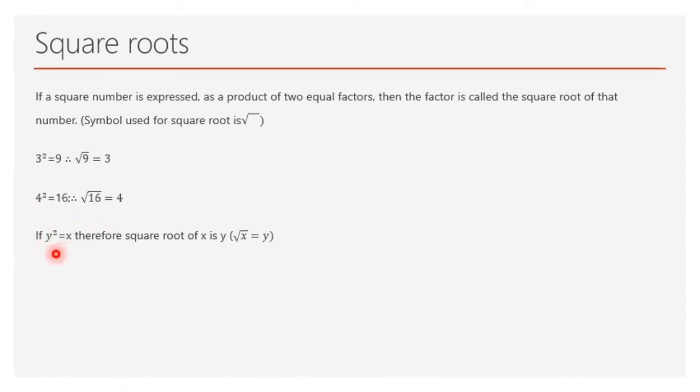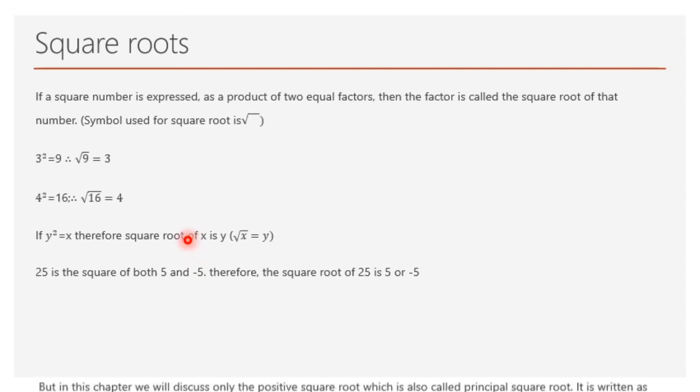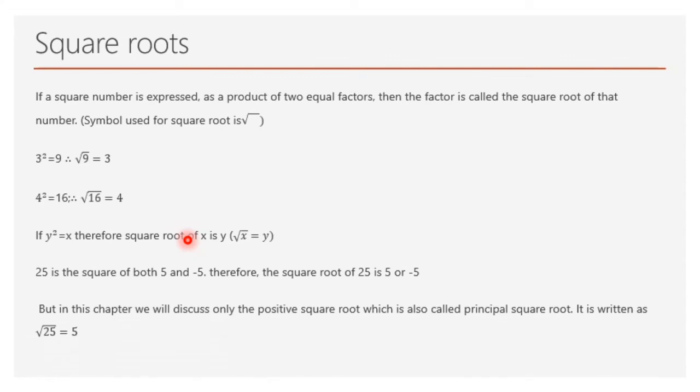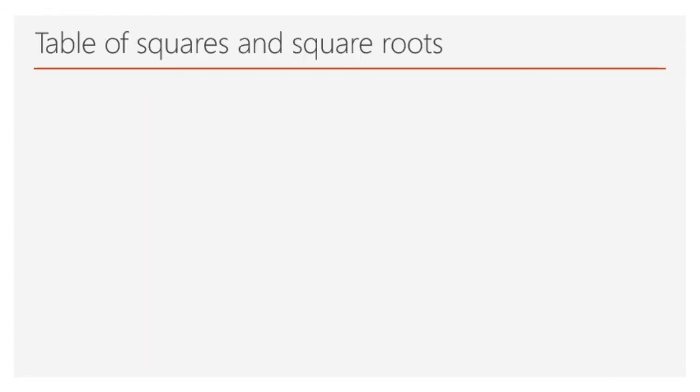And so on: y square is equal to x, therefore the square root of x is y. Root x is equal to y. 25 is the square of both 5 and minus 5. Therefore, the square root of 25 is 5 or minus 5. But in this chapter, we will discuss only the positive square root, which is also called the principal square root. It is written as root 25 is equal to 5.